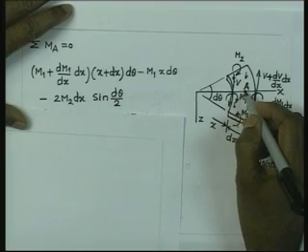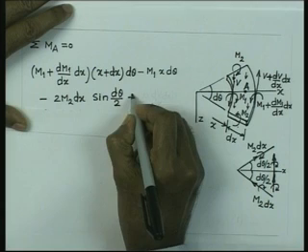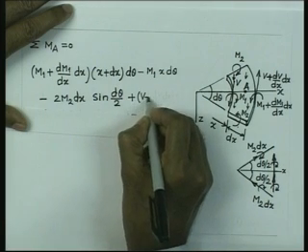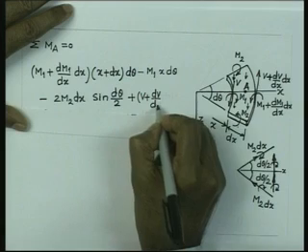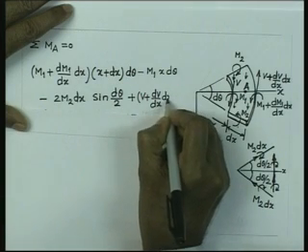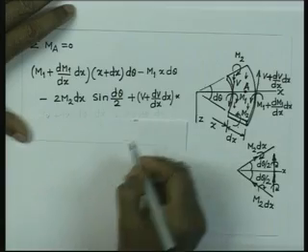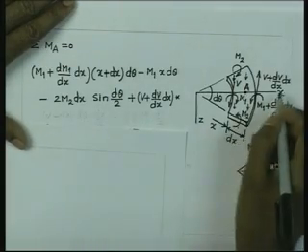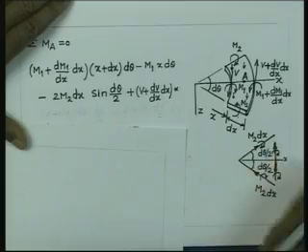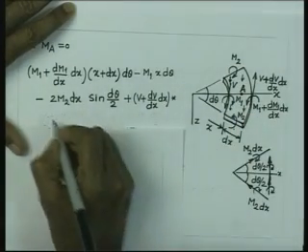Then we get the moment of this V about this point. If we consider first this one, it is V plus dV/dx into dx, and that is the intensity, and the distance over which it is acting is x plus dx into d theta.